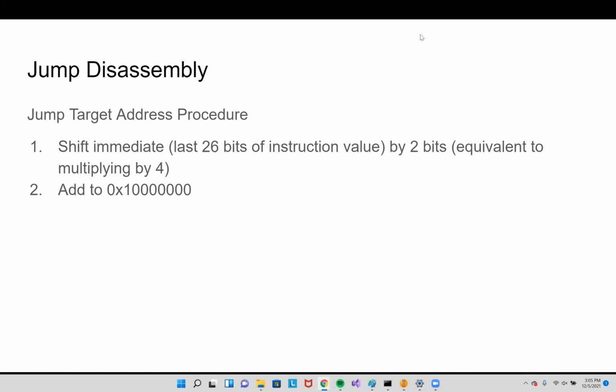The jumps for negative numbers. I don't have a problem prepared for that.